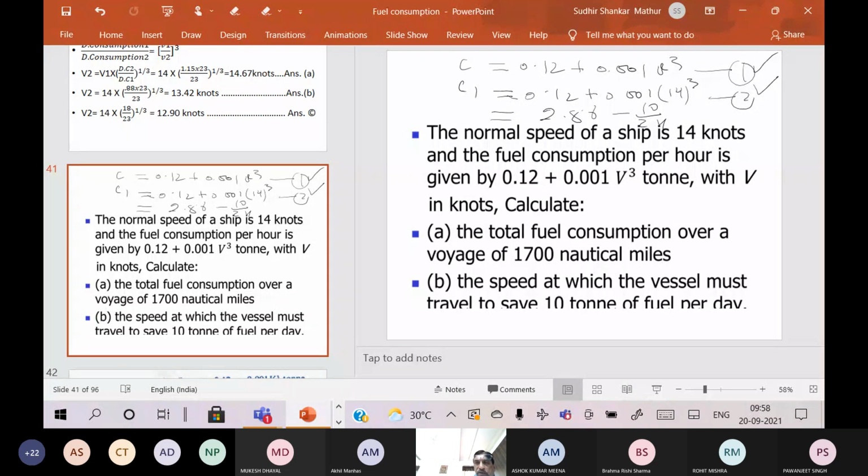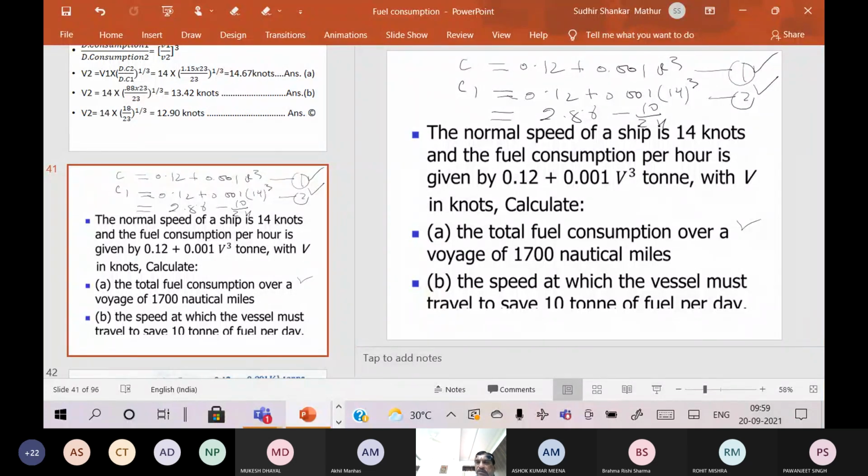Part A is straightforward. Just put the value of speed, 14 knots. You will get the consumption per hour. Multiplied by 24 is your daily consumption. 1700 divided by 14 into daily consumption is the consumption for this voyage.